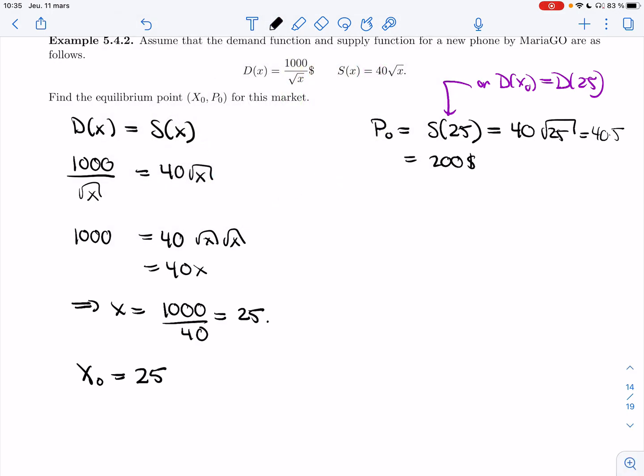All right, so the equilibrium point is (25, 200).